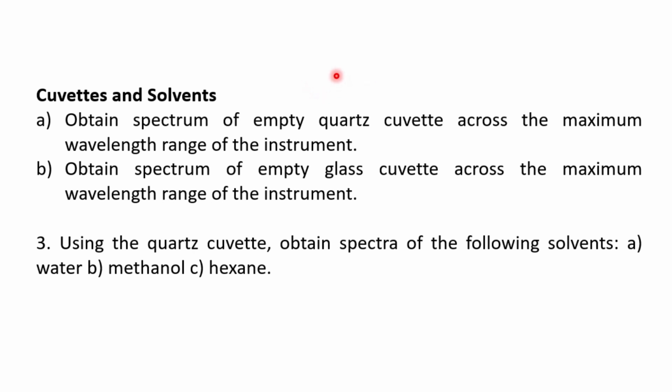So in the absence of the quartz cuvette and the presence of the quartz cuvette, there shouldn't be any appreciable change in the spectrum when it is run. When you are sure that it's not absorbing, you can add water to the cuvette and run it, add methanol and run it, and then hexane as well, and see their absorbances.